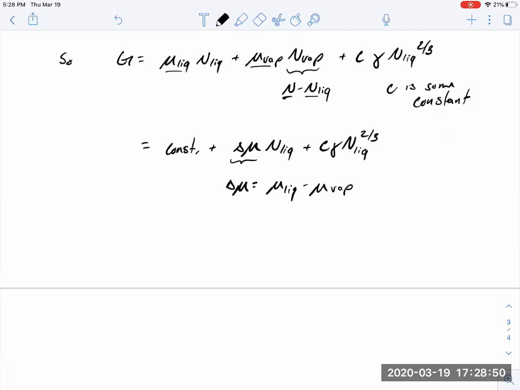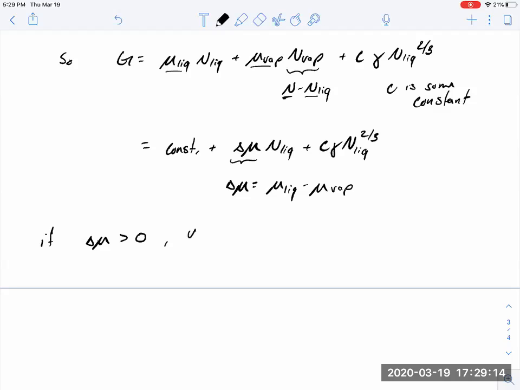So now let's think through that. If delta mu is positive, which phase is stable? If delta mu is positive, that means mu liquid is larger than mu vapor. So which way will matter spontaneously flow? It will flow towards the vapor.